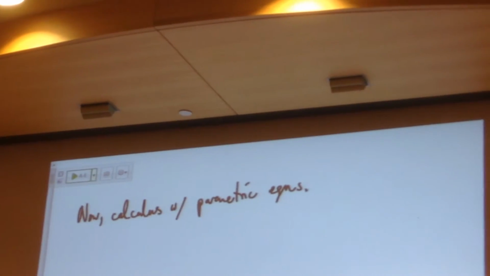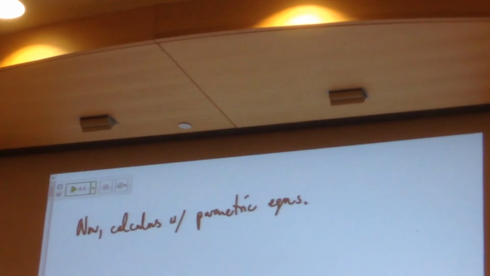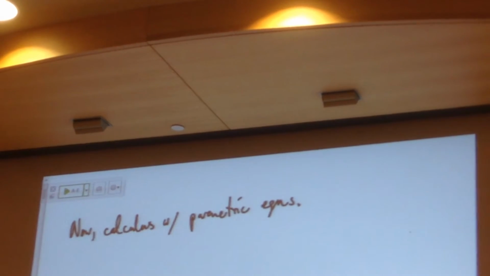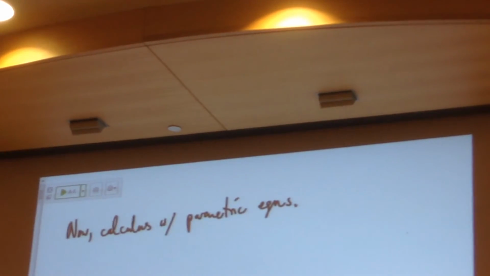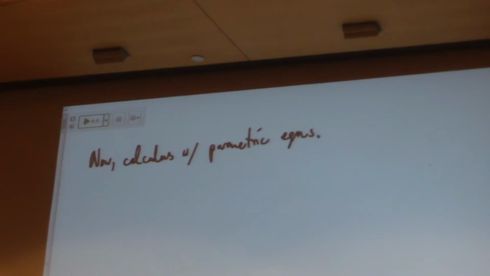All right, this is the rest of this course, and we haven't done any calculus yet. We haven't talked about rates of change or integrals or anything like that. So we have to do a little bit of calculus with parametric equations, and all we're really going to do is derivatives or tangent lines.